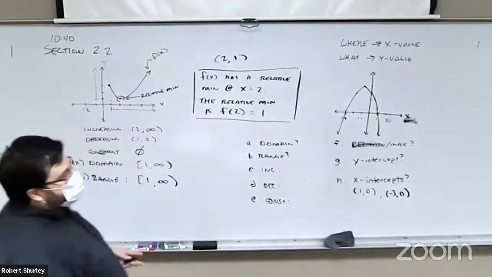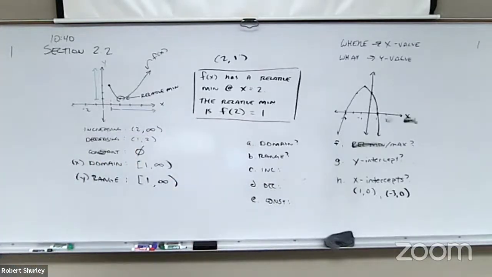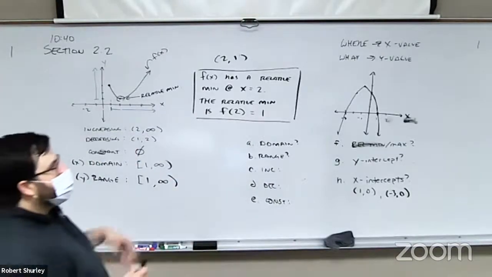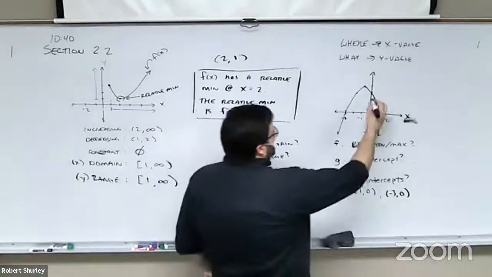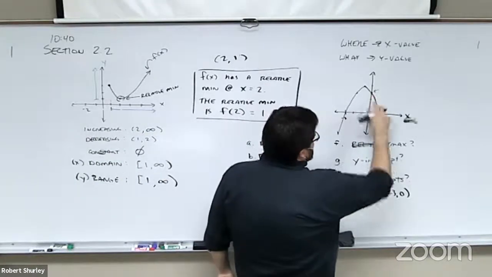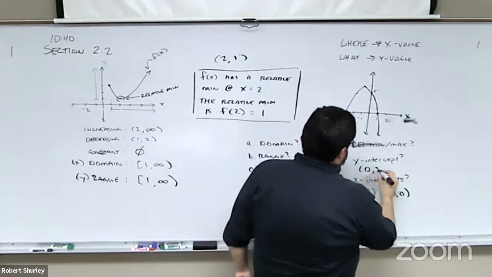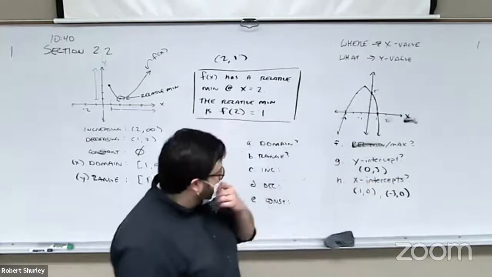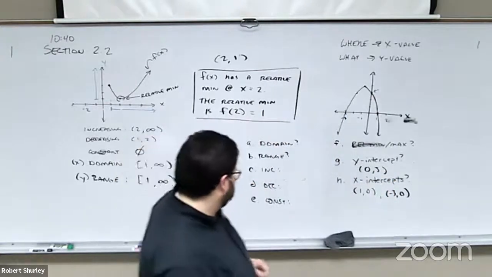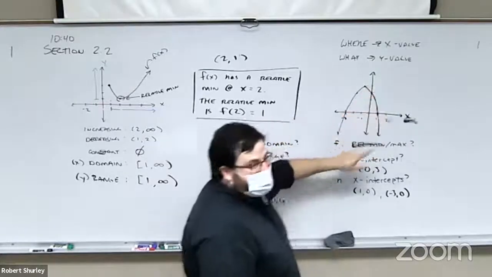So at (1, 0) and (-3, 0), we have x-intercepts where our line crosses the x-axis. The y-intercept is right here. It's (0, 3).